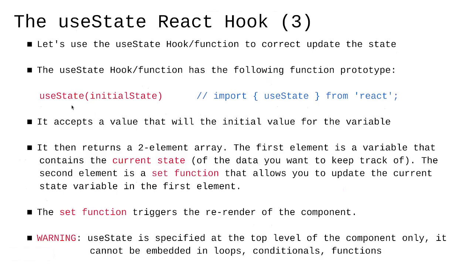After we call this function, it returns an array that contains two elements. The first element is a variable that will be used for the state. The second element is a function, which we call a set function, that will be used to update that first element, to update the state.